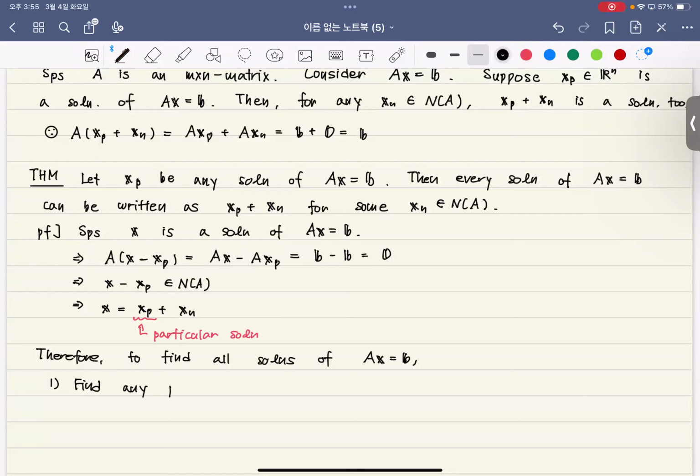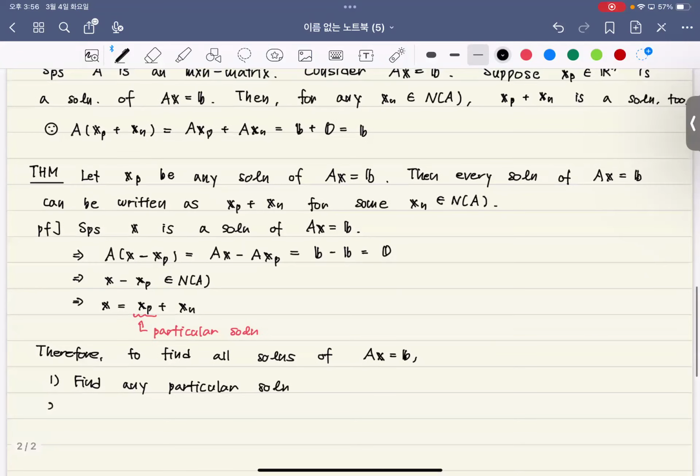So first find any particular solution. And then next, we find the subspace, the null space of A. By doing so, you can find every single solution of Ax equals b.